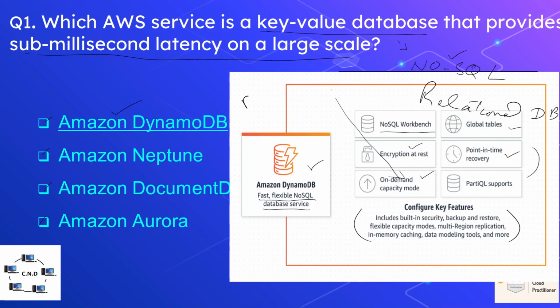There is another Amazon database service known as RDS, or Relational Database Service. RDS is relational, while DynamoDB is non-relational.